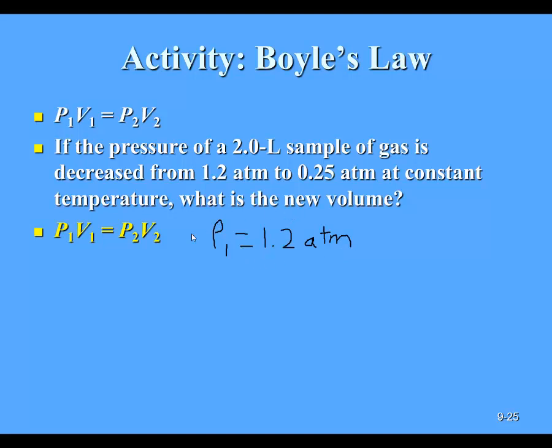And I can say that my volume 1 was equal to 2.0 liters. And I can go ahead and say that my pressure 2 is equal to 0.25 atmospheres.